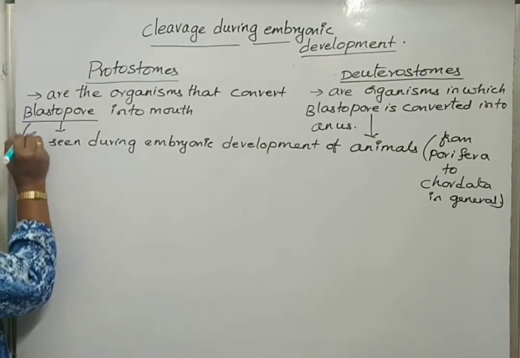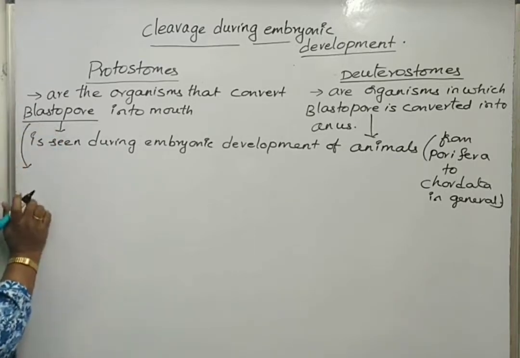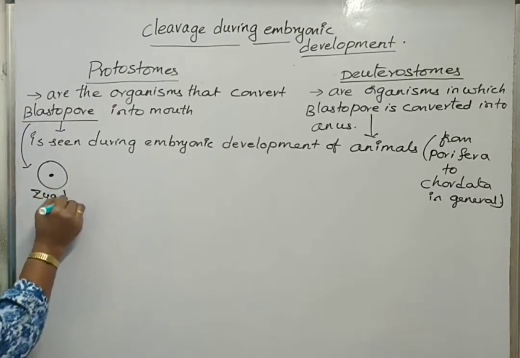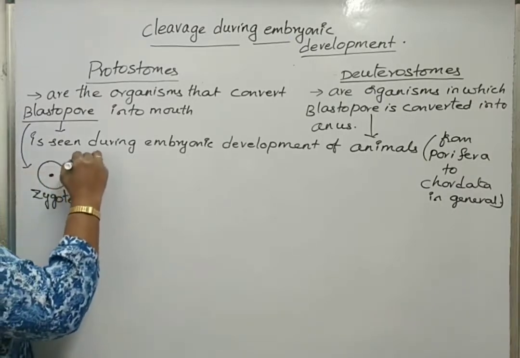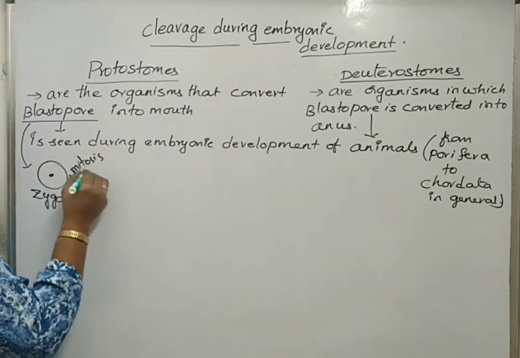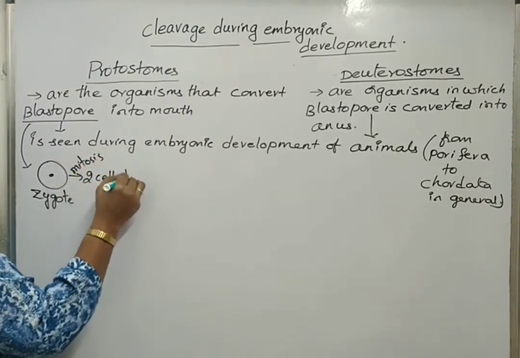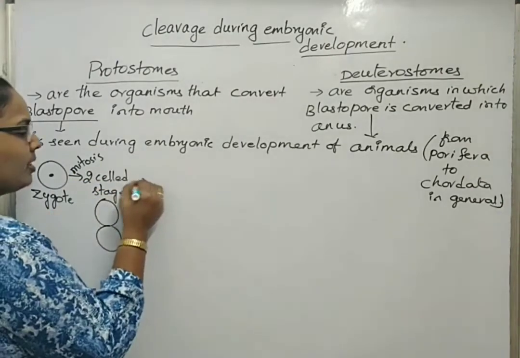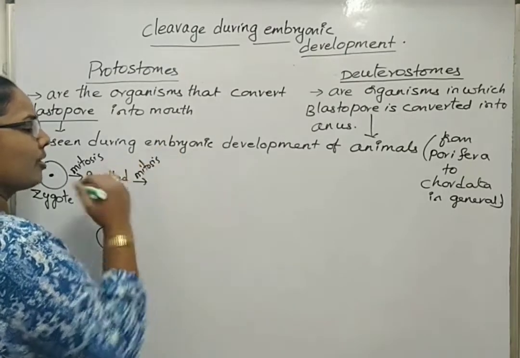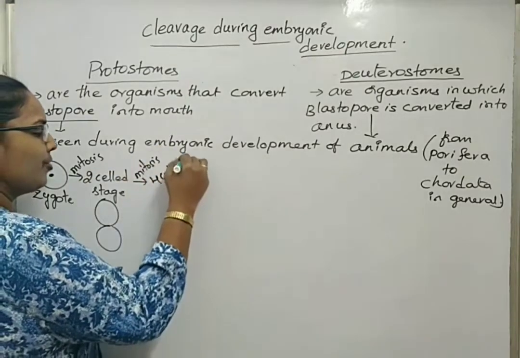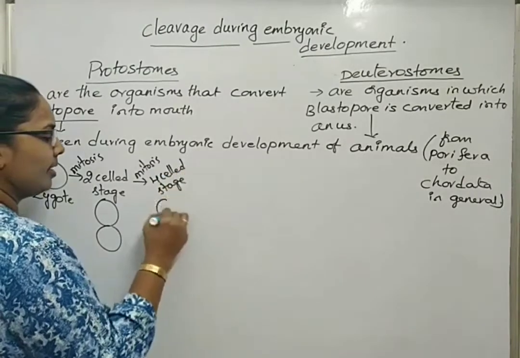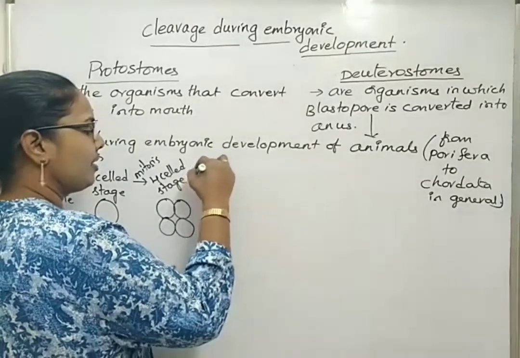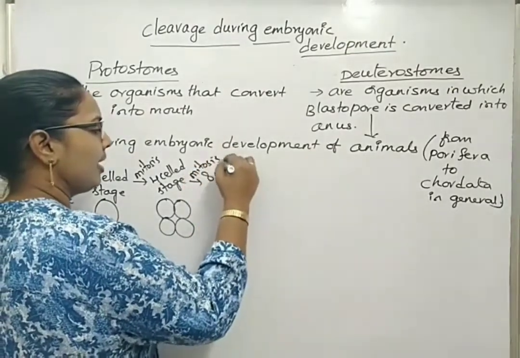So, if we go for diagrammatic representation to explain about this blastopore, first of all, we see single-celled zygote. It is getting after mitosis or cleavage into two-celled stage. Again after mitosis or cleavage, it is getting converted into four-celled stage, and then into 8-celled stage.